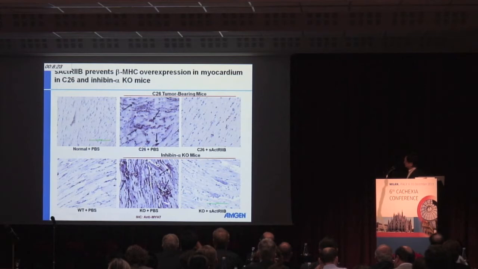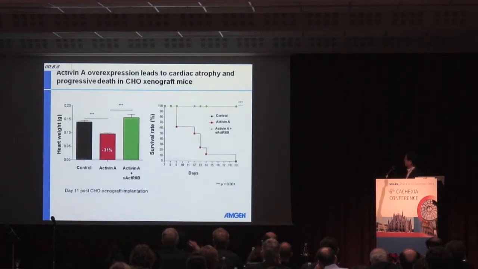This particular slide shows the induction of this baby form of myosin, indicating the stress of this heart, that it is not doing well functionally. Later I'm going to show you functional data to corroborate this.